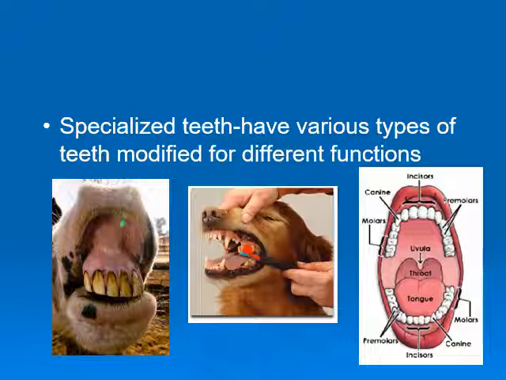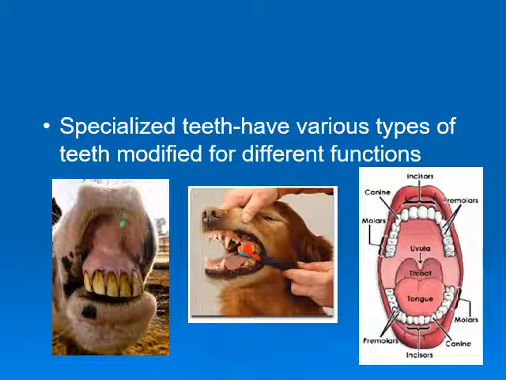Mammals are also going to have specialized teeth. These are going to be teeth that are modified for different functions. Usually the front teeth are for biting and tearing flesh, especially on mammals like our dog here, the canine. But some mammals are going to have mostly ground down teeth because they're going to be eating mostly vegetation.